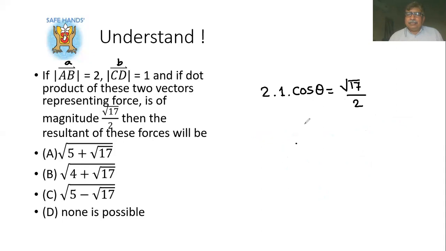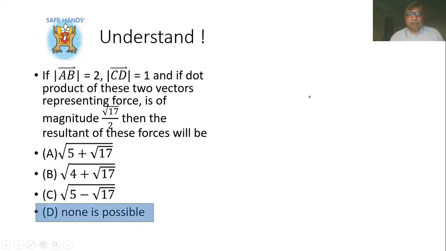This information tells us that cos theta is equal to root 17 by 4. Now this is impossible because root 17 is definitely bigger than 4 and cos theta can never be greater than 1. And that's why the correct option will turn out as none is possible because cos theta cannot be greater than 1.